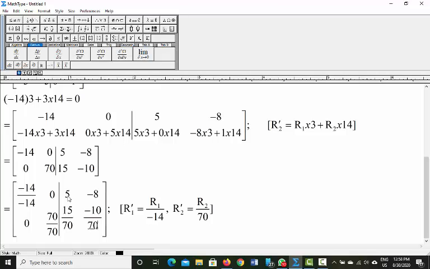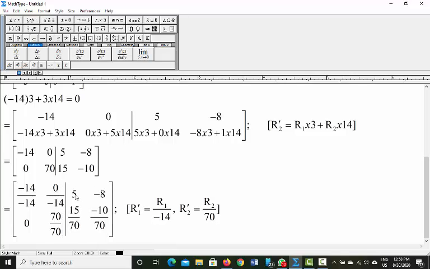We are dividing all the elements of the first row by minus 14. So this one also needs to be divided by minus 14. If you divide 0 by something, you will get the same 0.